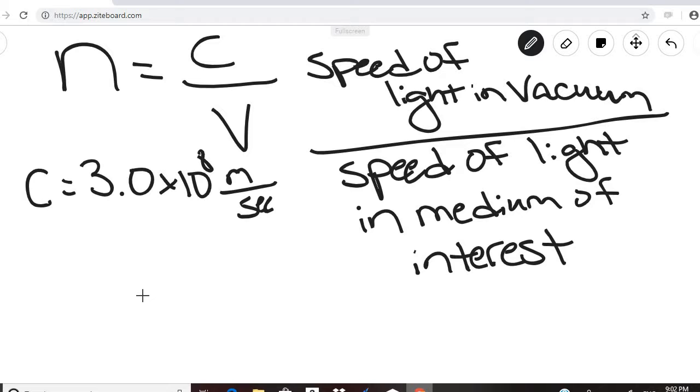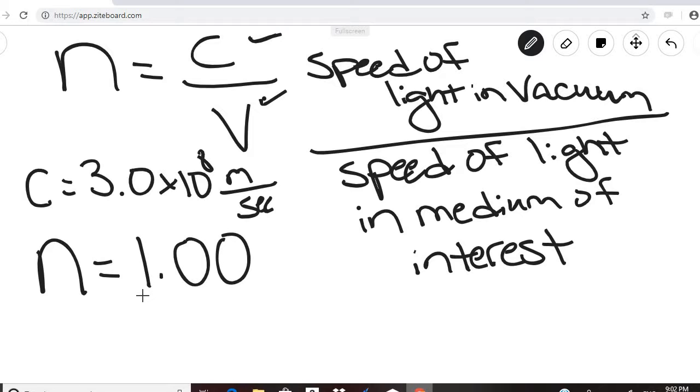Therefore, n for air is going to be equal to 1.00.